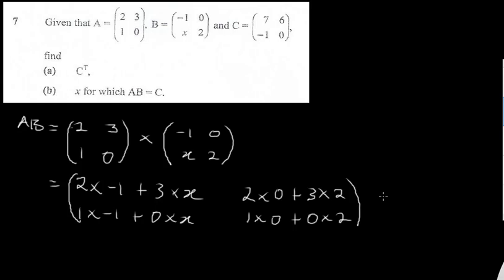And what follows from there, then we work it out. So we'd have 2 multiplied by -1 gives us -2 plus 3 multiplied by x gives us 3x. 2 multiplied by 0 gives us 0 plus 3 multiplied by 2 gives us 6. 1 multiplied by -1 gives us -1 plus 0 multiplied by x gives us 0. 1 multiplied by 0 gives us 0 plus 0 multiplied by 2 gives us 0.